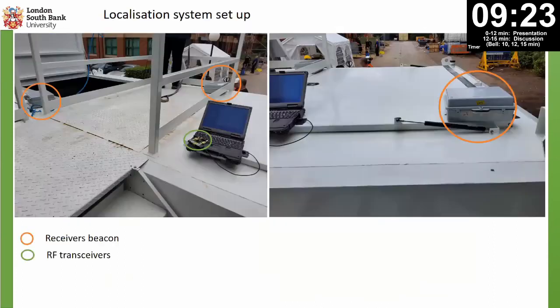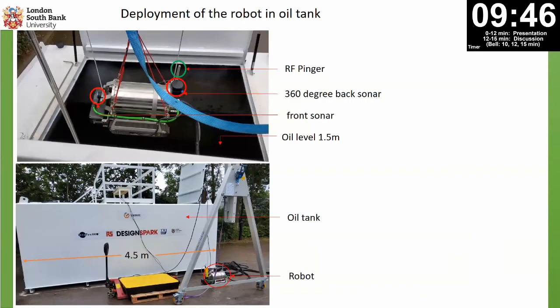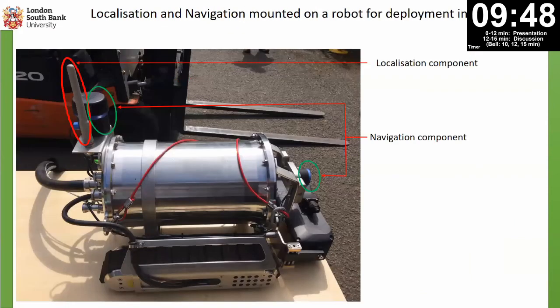That's just acquiring data, so you may be acquiring NDT data, but what you're showing here is localization. Does this mean that you are doing some time of flight measurement with beacons placed outside the tank, receivers placed outside the tank, and the robot transmitting the pulses? How does that work?